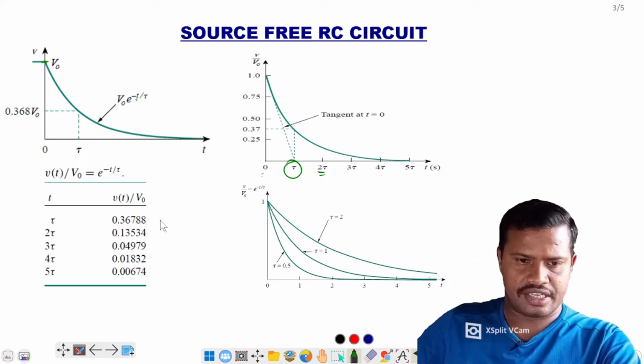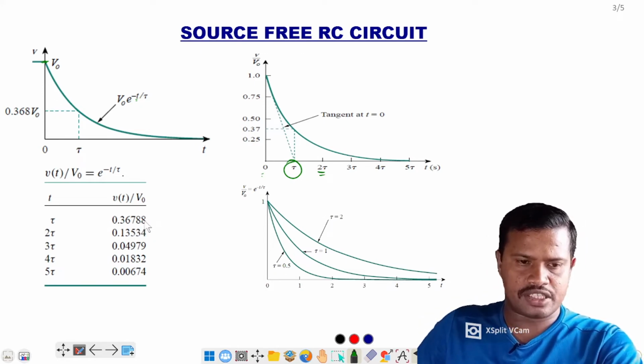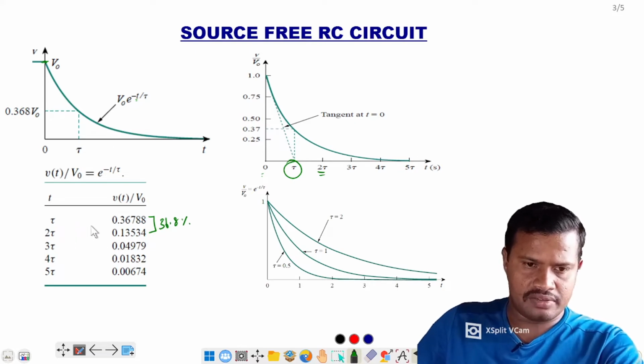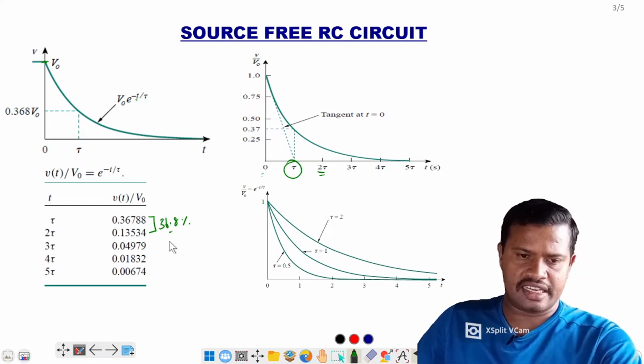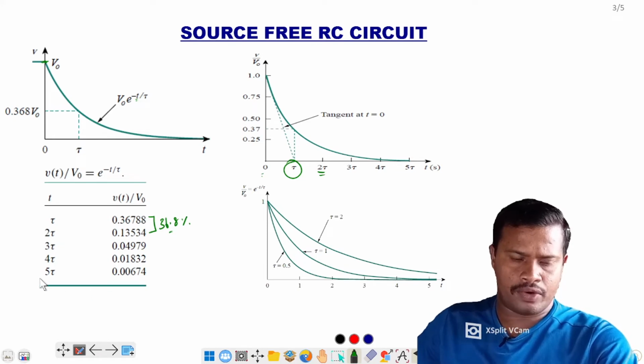Now in this table we can see that between two consecutive time constants, 36.8 percent of the value decays. Between 1 tau and 2 tau, 36.8 percent is decayed, and between 2 tau and 3 tau also 36.8 percent decays, continuously for all consecutive time constants.